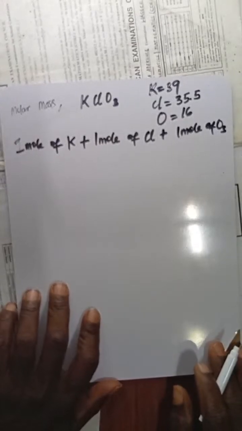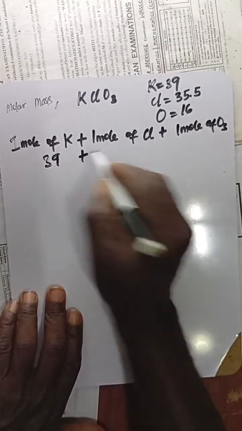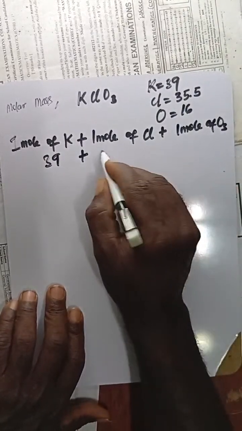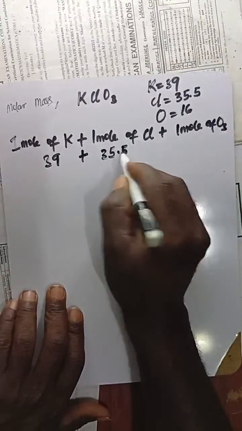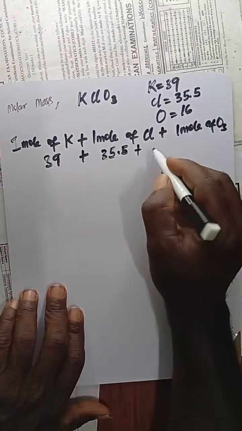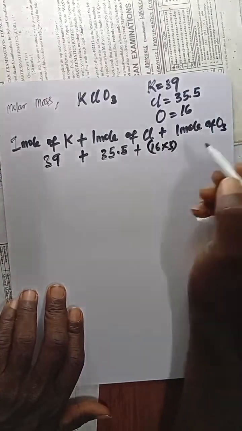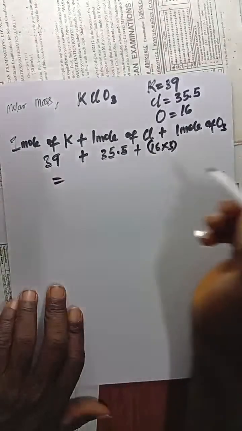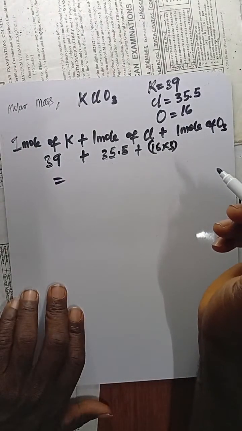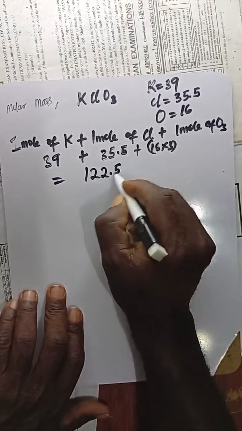So that is just how you are going to do it. And what is the 1 mole of potassium? It is 39 plus 1 mole of chlorine, 35.5, plus 1 mole of O3, and it's 16 times 3, which will give you, in total, 122.5 grams.